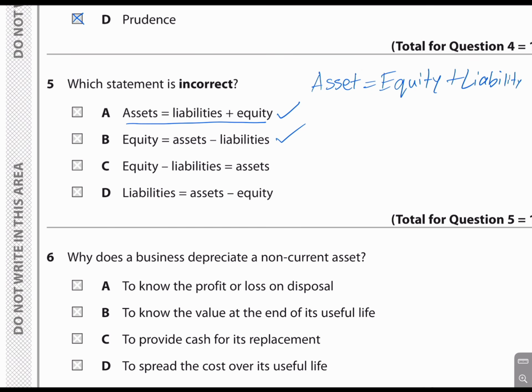On number C, equity minus liabilities is equal to assets. According to our equation, we can see that this is not the right equation. So the only incorrect option here is number C, because equity minus liabilities is not equal to asset, because asset is equal to equity plus liabilities.